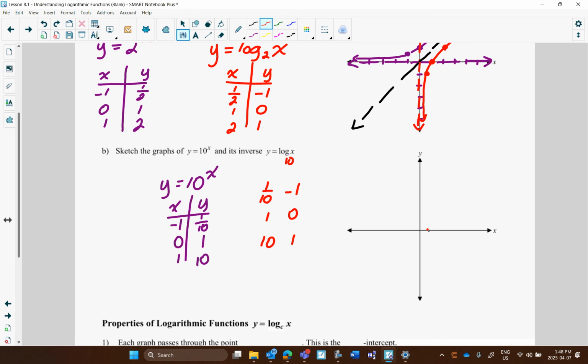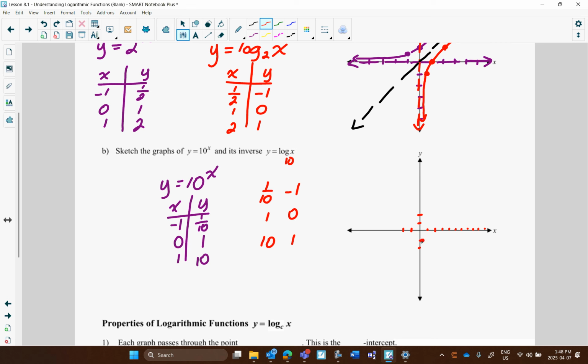So we've got 1, 2, 4, 5, 6, 7, 8, 9, 10. I don't really need to go much further than that. 1/10, which is really close to the origin, is -1.